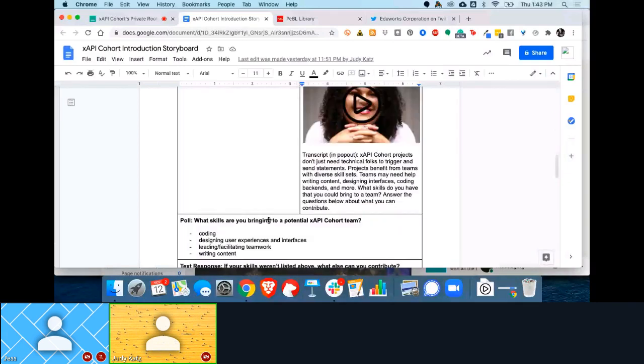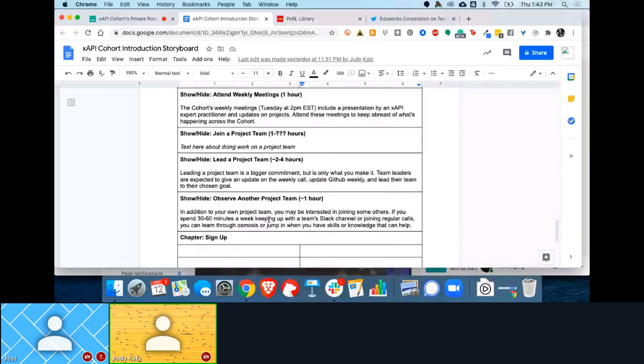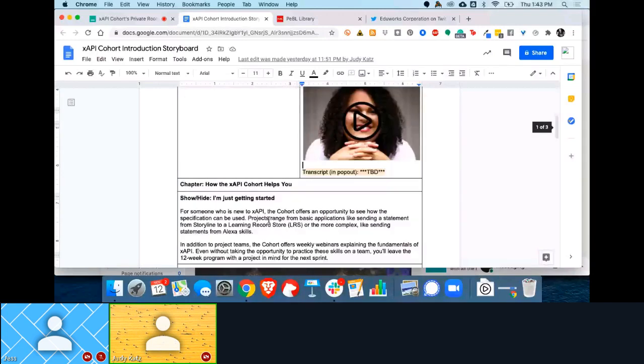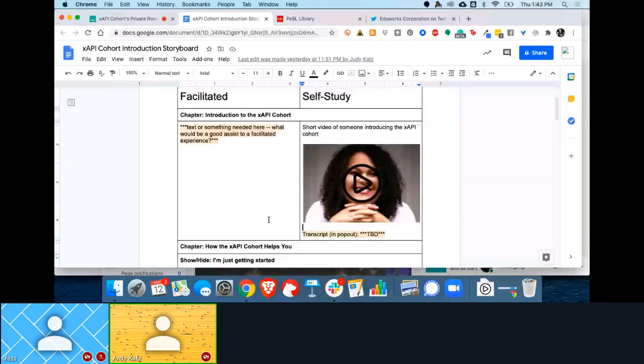We're almost done with the storyboarding for the entire experience. Currently this is in development using the Pebble InDesign plugin, which is a little bit wonky right now.